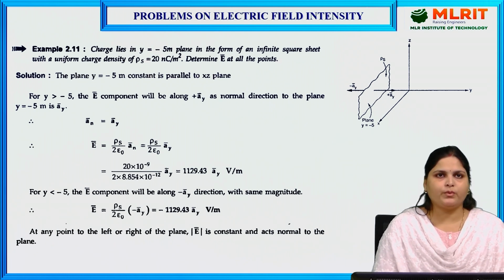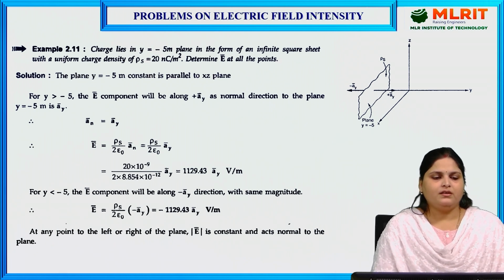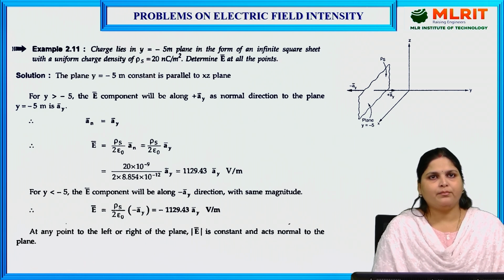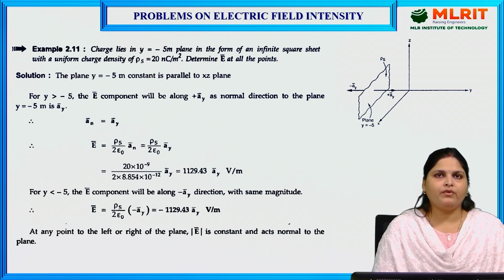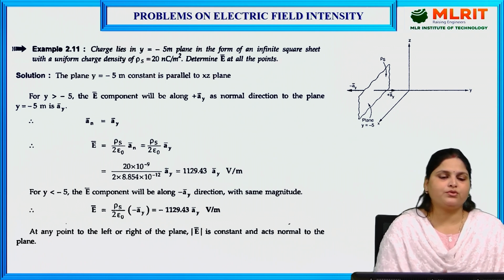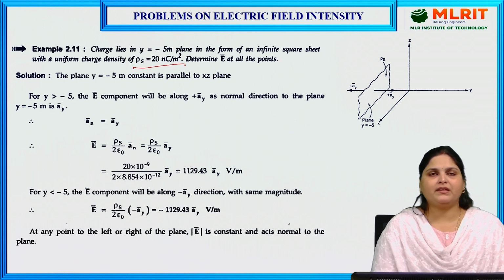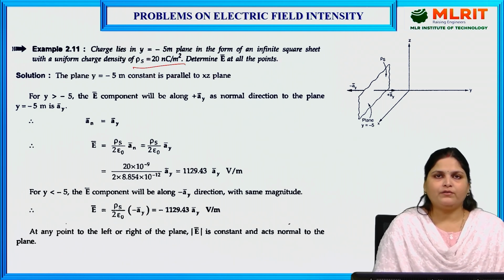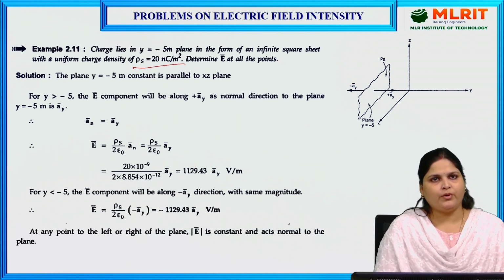Let's take the first question. Charge lies in the y equals minus 5 meter plate in the form of an infinite square sheet with a uniform charge density of rho s equals 20 nanocoulomb per meter square. We have to determine E at all the points. All the points means where the sheet is present, right?